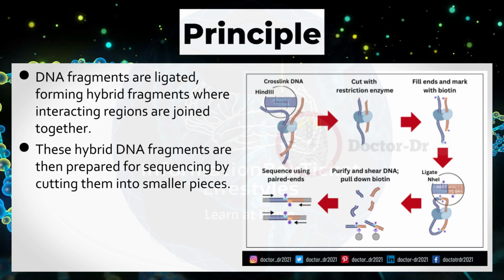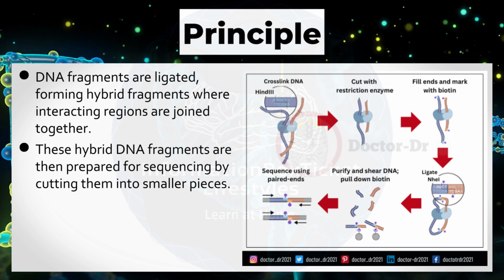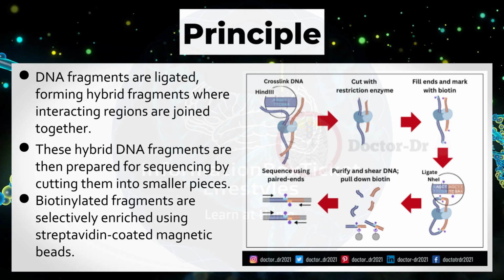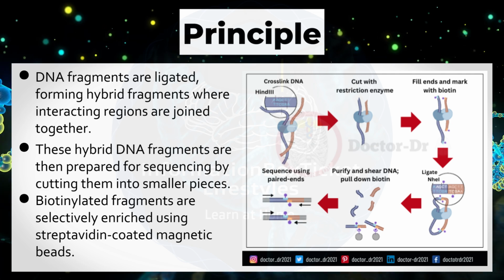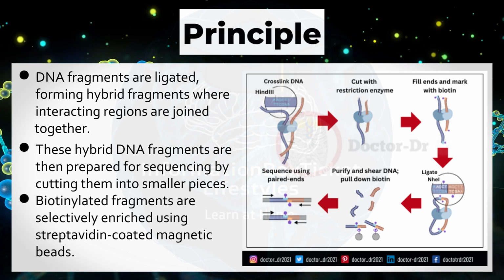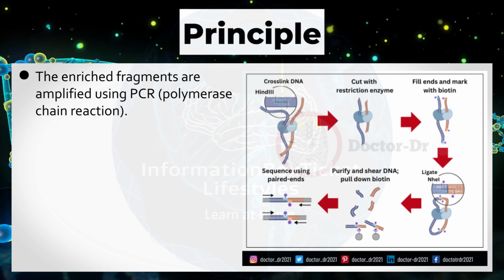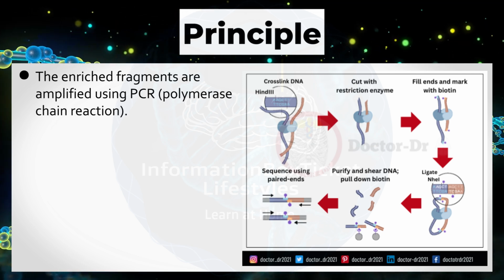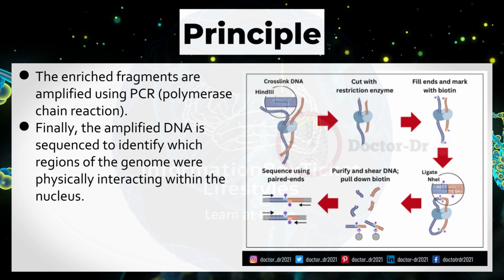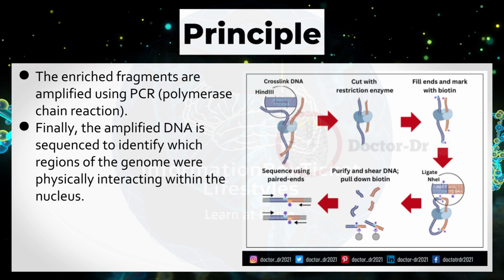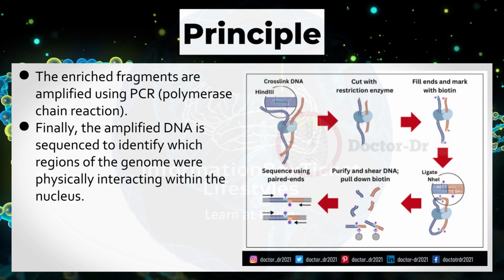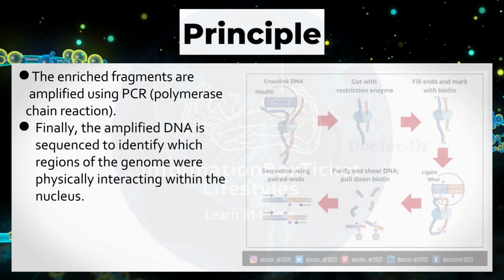These hybrid DNA fragments are then prepared for sequencing by cutting them into smaller pieces. Biotinylated fragments are selectively enriched using streptavidin-coated magnetic beads. The enriched fragments are amplified using PCR, polymerase chain reaction. Finally, the amplified DNA is sequenced to identify which regions of the genome were physically interacting within the nucleus.